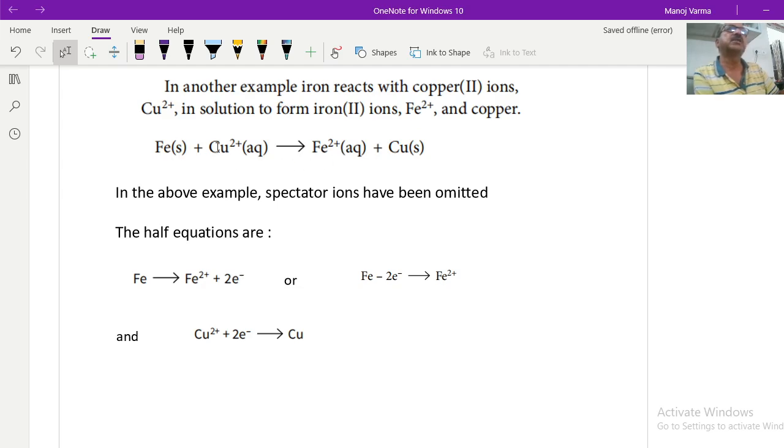So this is oxidation. Cu2 plus is changing to Cu, so it must be involving the gain of two electrons, so it must be reduced. So here Fe is oxidized and Cu2 plus is reduced. So Cu2 plus is an oxidizing agent because it itself gets reduced, and Fe is a reducing agent because it itself gets oxidized.